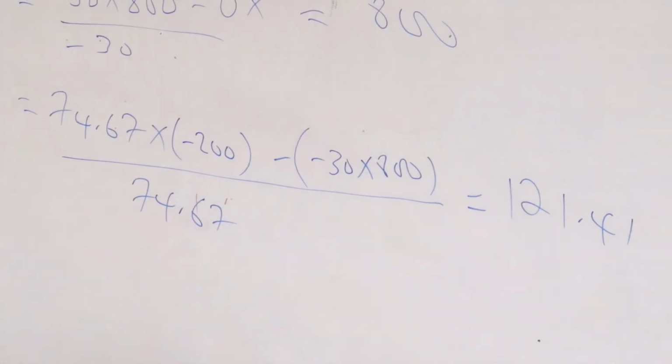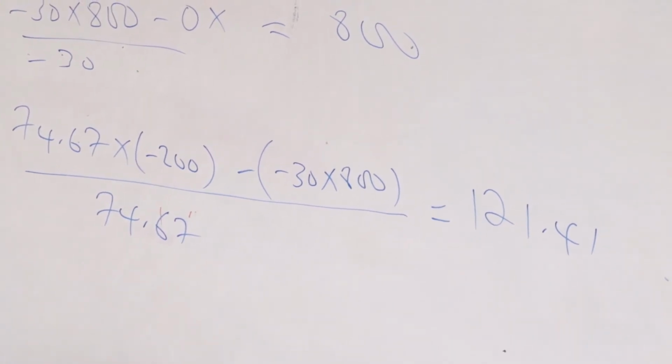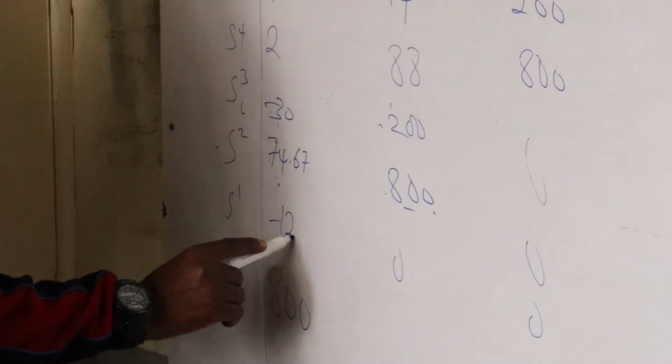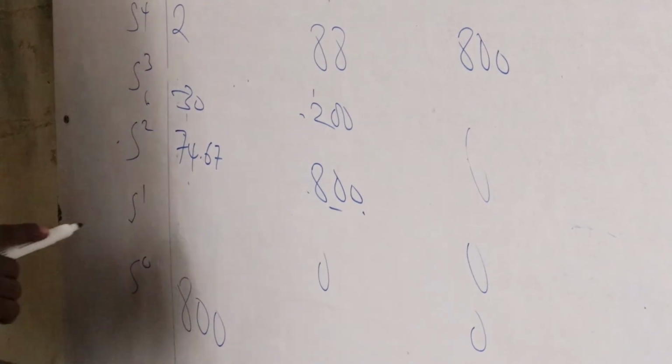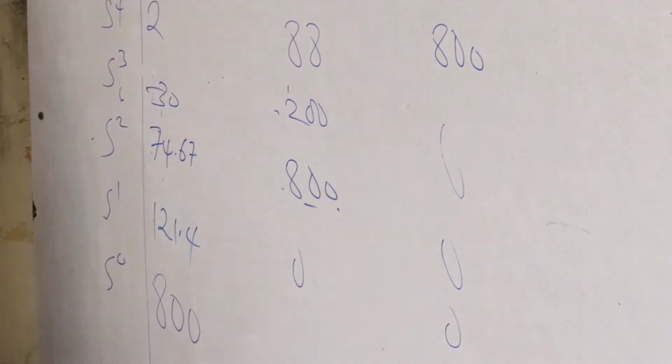So you can have that. What did you get C2 to be? 800. Then here minus 121? No, it is 121, not minus. Let's say 0.4.